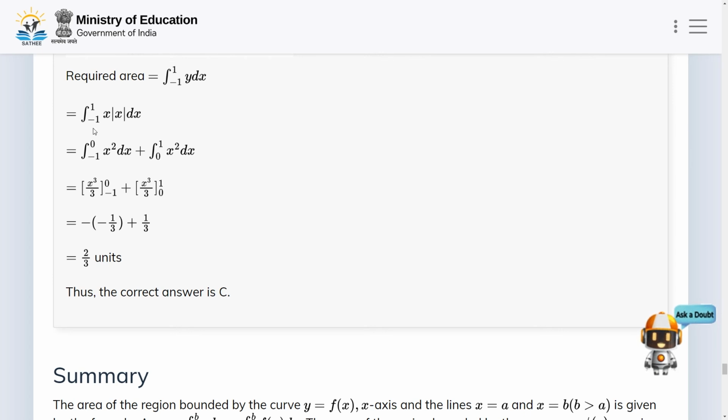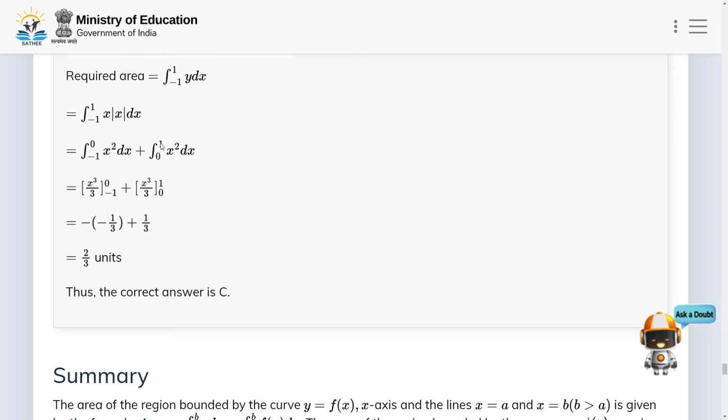We have to break our integration into two parts, which is -1 to 0 and 0 to 1. Why? Because it is behaving in two different ways. In -1 to 0, x is negative, which means you will get minus x square.